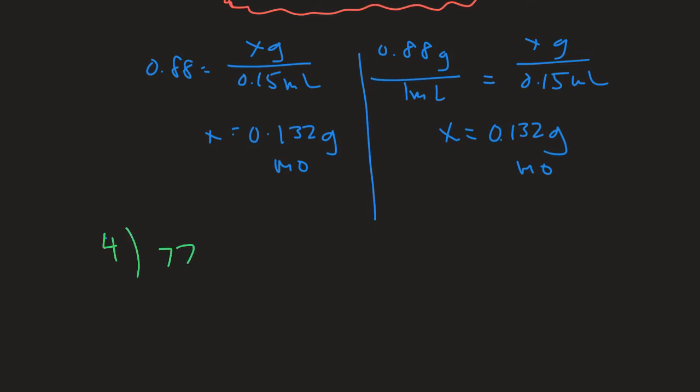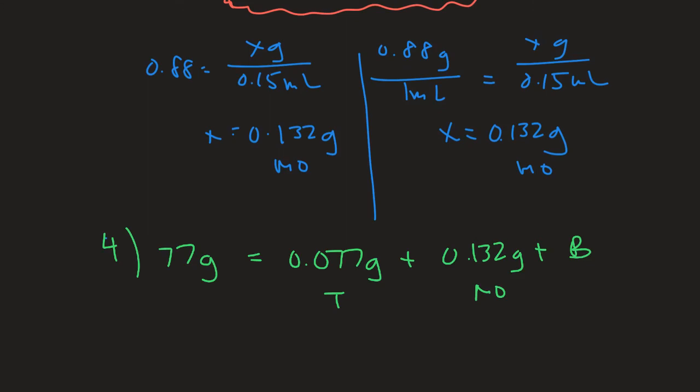So we know we need 77 grams total. The mass of Tacrolimus was 0.077 grams. We know the mass of the wetting agent was 0.132 grams of mineral oil. How much base do we need?